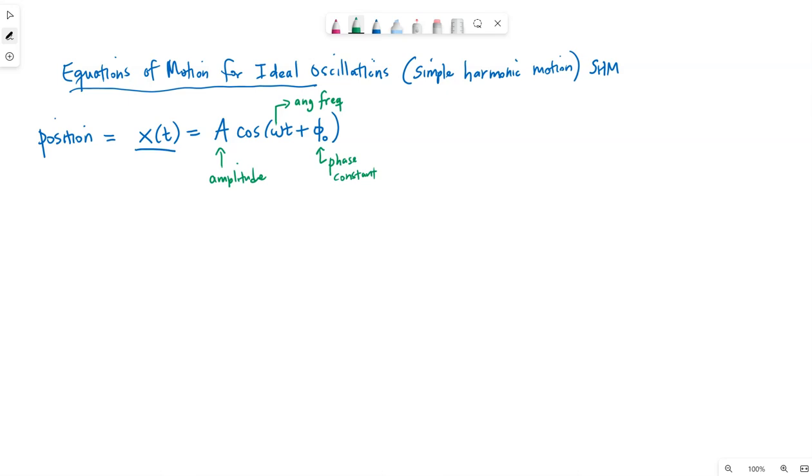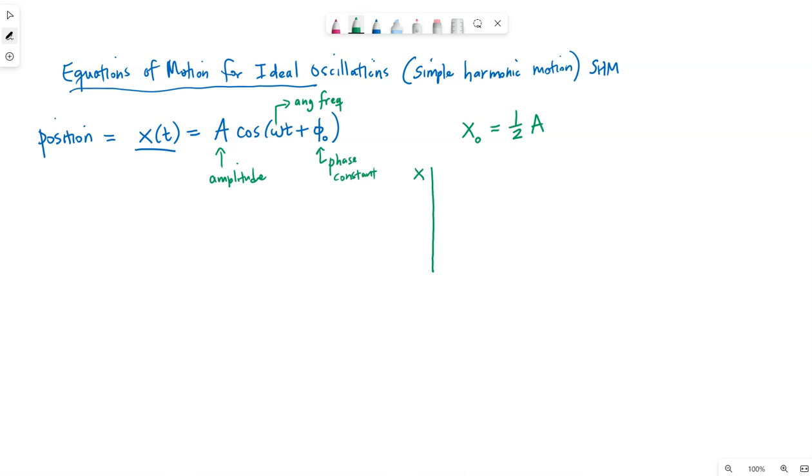So let's say we had a situation where our oscillator initially, so x naught, the initial position, was half the amplitude. Our graph has two different options here.